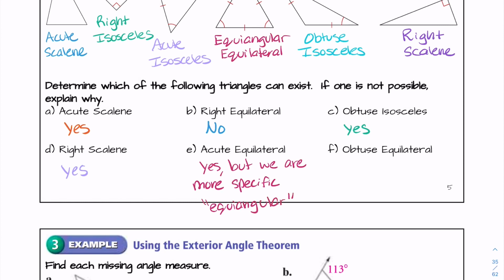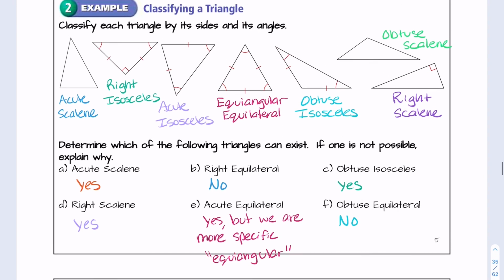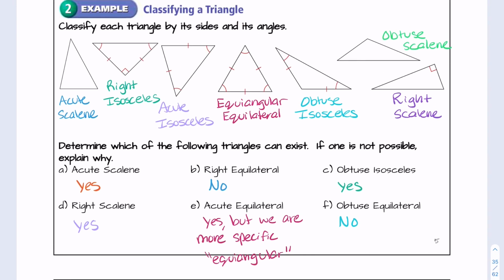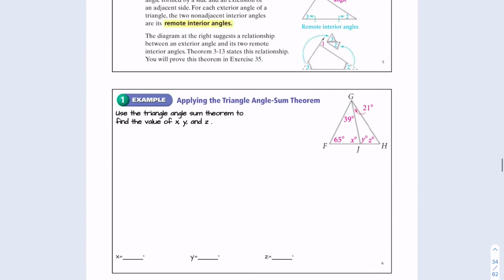Equiangular. And obtuse equilateral is a definite no. Okay, so that was that.